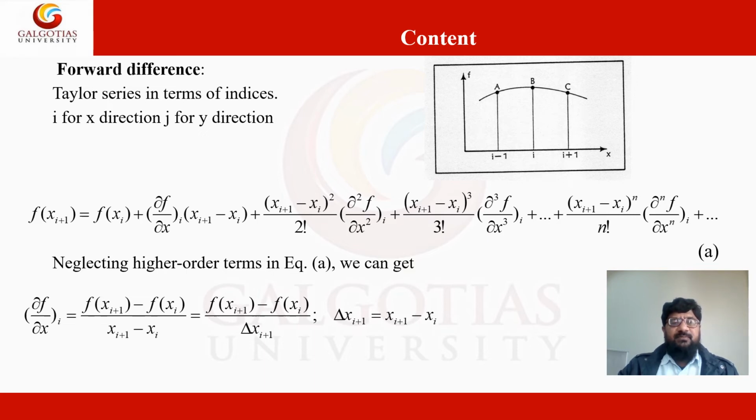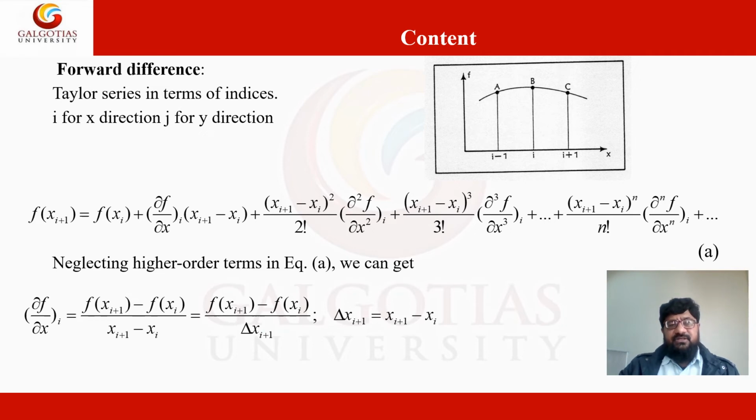If we expand Taylor series around x(I plus 1), by the Taylor series f(xi plus 1) can be written as f(xi) plus del f by del x times (xi plus 1 minus xi), plus (xi plus 1 minus xi) square by 2 factorial, and so on. This difference is called mesh spacing or mesh size. It can be uniform, it can be non-uniform, we will see it later.